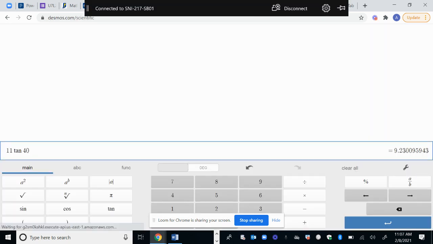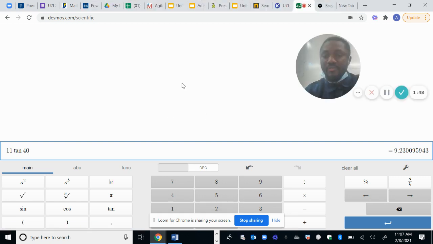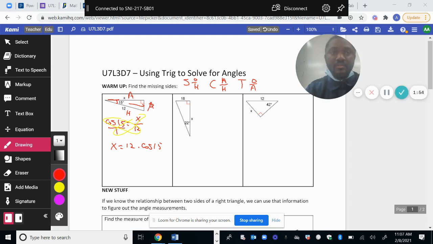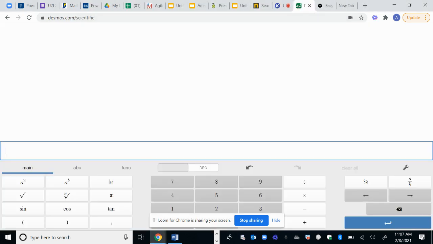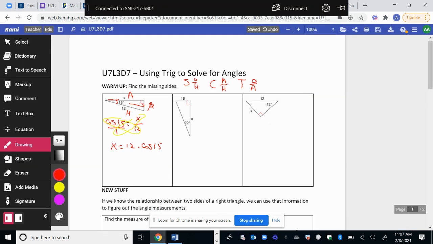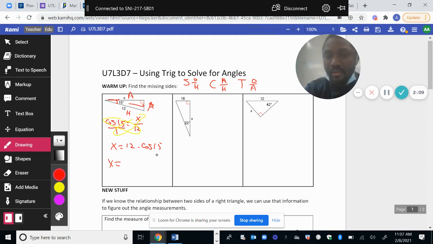If you go to your calculator, just put 12 times cos 15. It gives 11.59, let's say 11.6 approximately. So x equals 11.6.